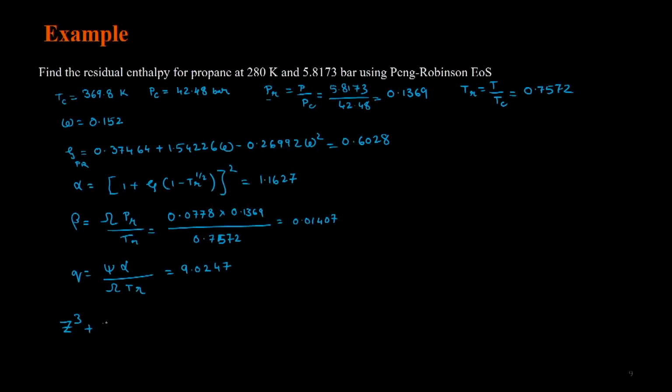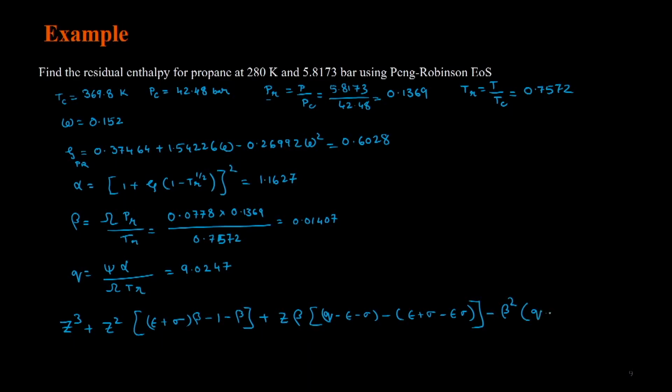It's Z cubed plus Z squared times (epsilon plus sigma times beta minus 1 minus beta) plus Z times (beta Q minus epsilon minus sigma minus epsilon plus sigma minus epsilon sigma), and finally the constant term, which is minus (beta squared Q minus epsilon sigma beta minus epsilon sigma), equals 0.